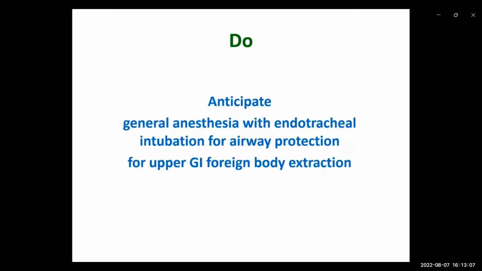It should also be strongly considered for foreign body extraction, particularly for young children, in case of poor patient tolerance, and/or when multiple sharp or pointed foreign bodies must be extracted. In any patient with a full stomach, recent meal, active bleeding, foreign body, endotracheal intubation with a rapid sequence induction technique is recommended.